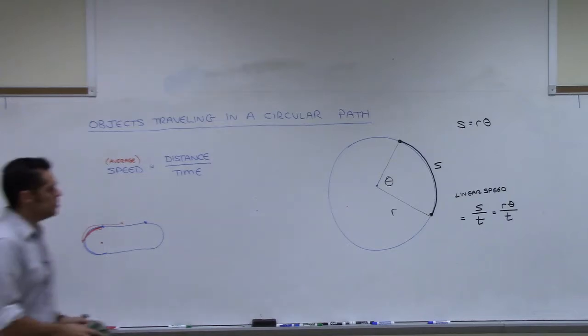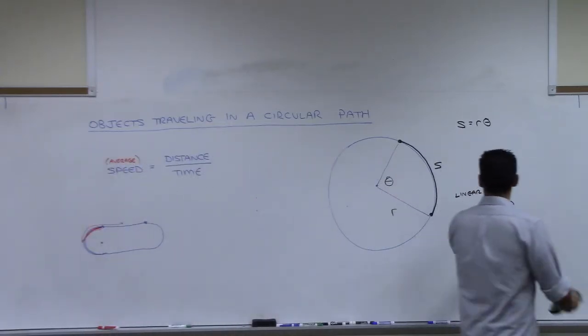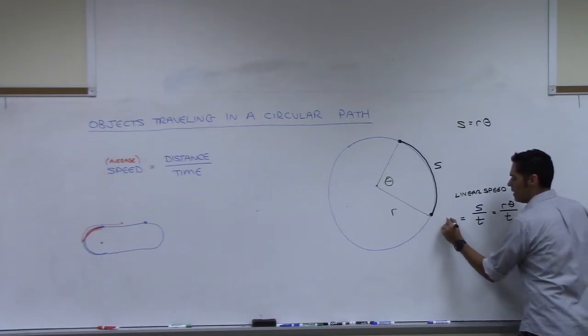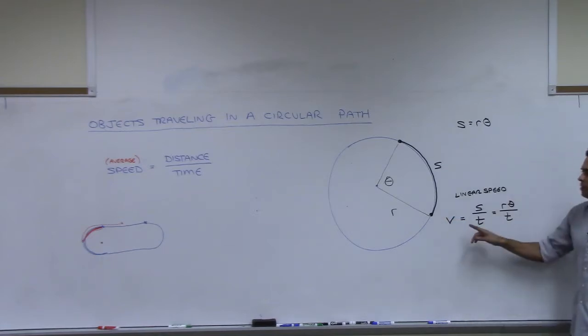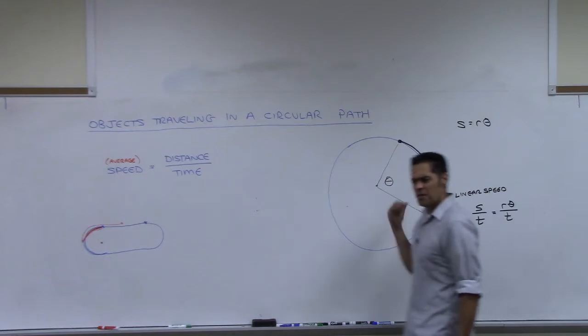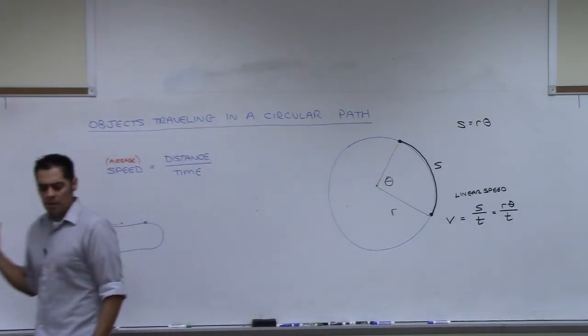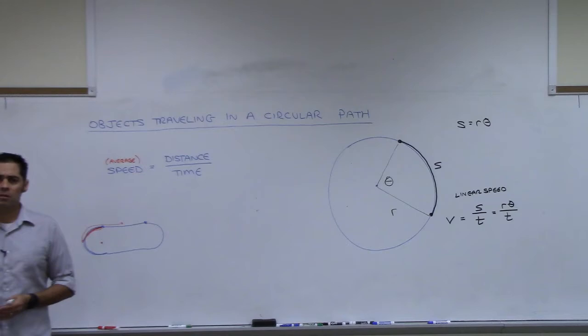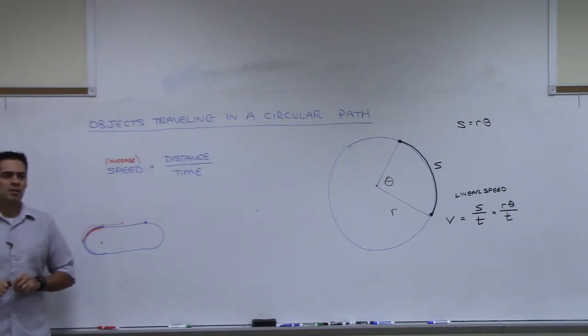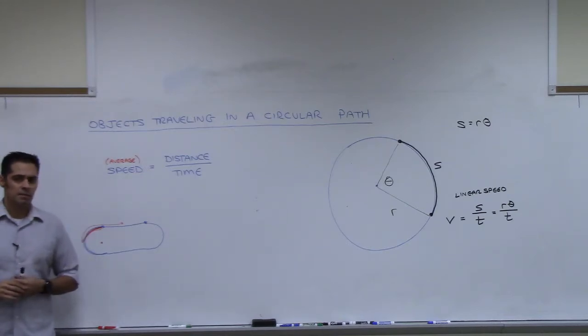Now, the book uses a letter for speed, the letter v. Now, the problem with v is this. What does v stand for? Velocity. Has anyone here taken physics before? There's a difference between velocity and speed. In physics, and even in later calculus classes, you learn that velocity is a vector, and speed is the length of that vector.